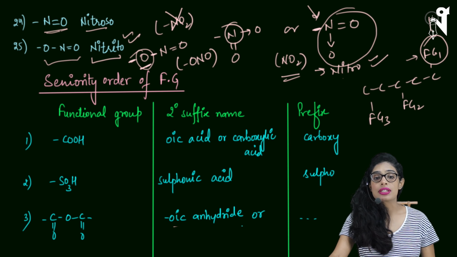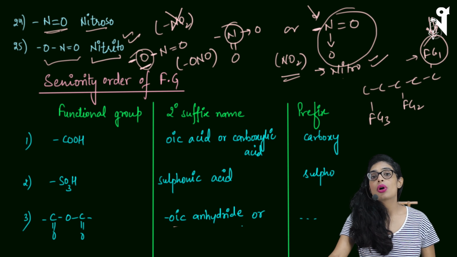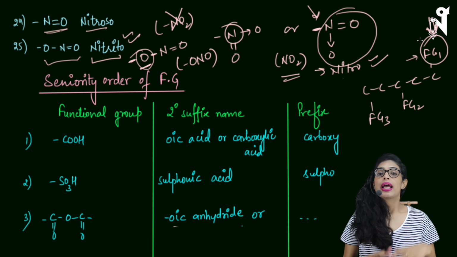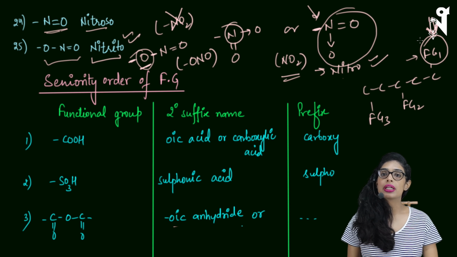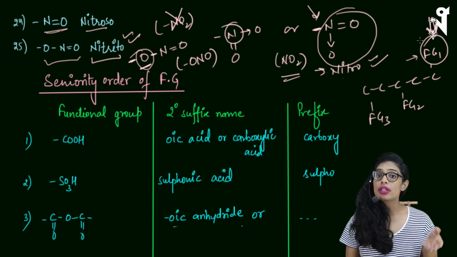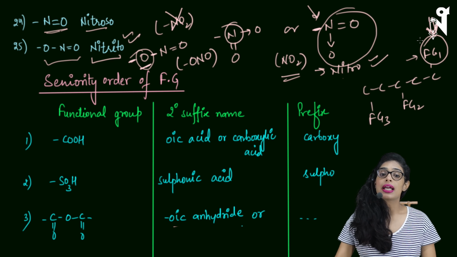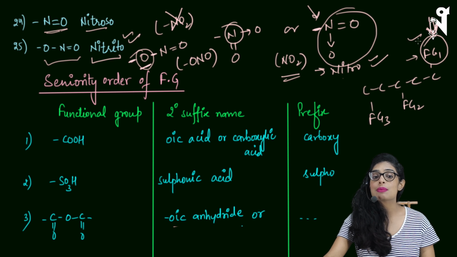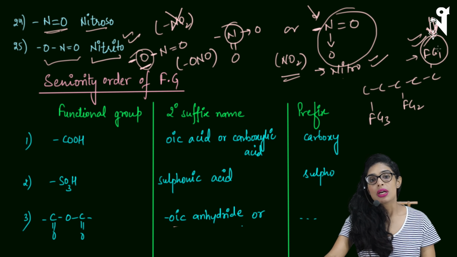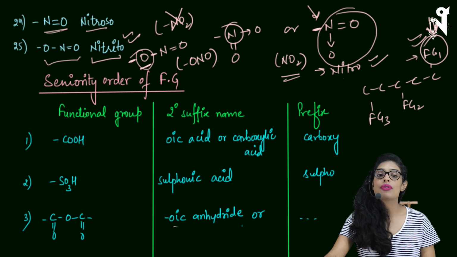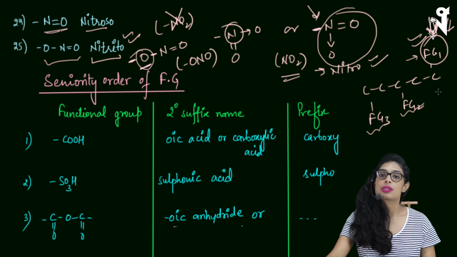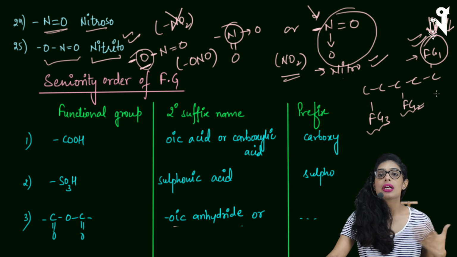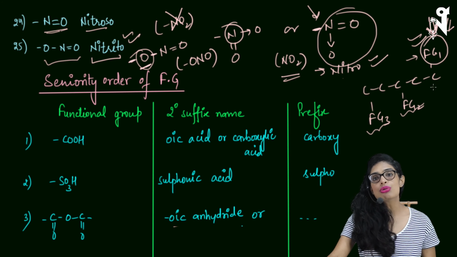Then when we write the word root and then we write "-ane", "-ene", "-yne" to show what kind of bonding the carbon chain possesses, after that we use a secondary suffix, and that suffix is basically nothing else but the senior most functional group. So the senior most functional group will contribute in the secondary suffix, whereas these lower priority functional groups will act as prefixes whenever we are naming a compound. So that's why we have to know the seniority order.